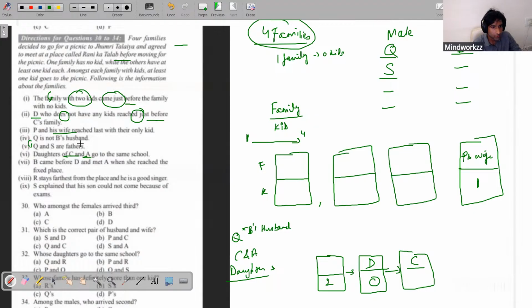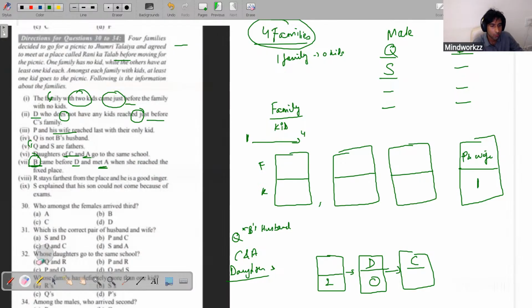Let's move forward. So then it talks about B came before D and met A when she reached the fixed place. सबसे पहले तो please try to understand: B came before D and met A when she reached the fixed place. यहाँ पे when she reached का किसका बात हो रहा है? She का यहाँ पे B का बात हो रहा है, because B met A. So you need to be very clear about language. यहाँ पे क्यों मुझे पता है ये B का बात हो रहा है?